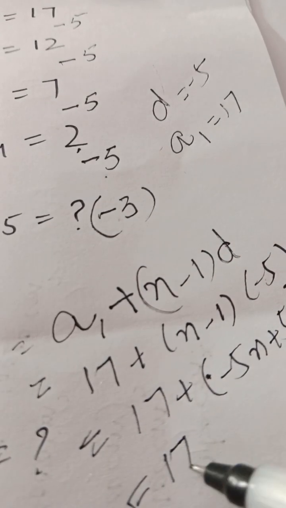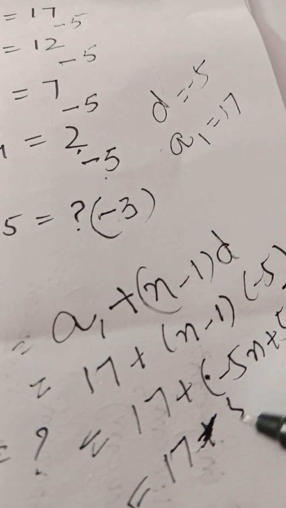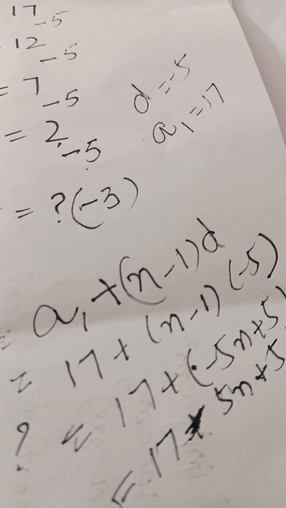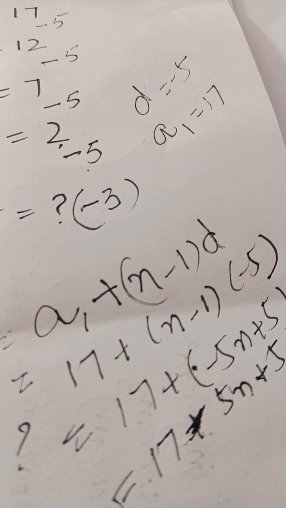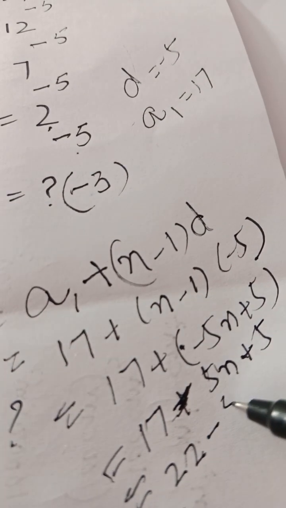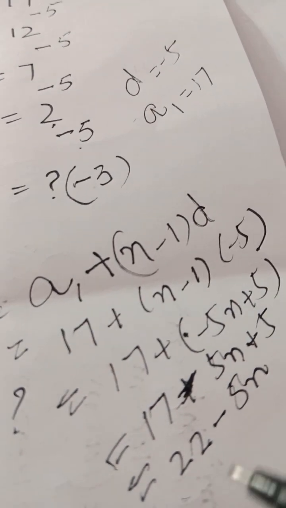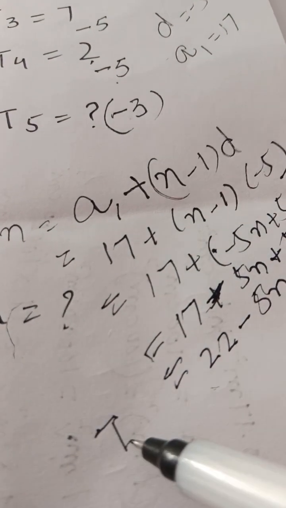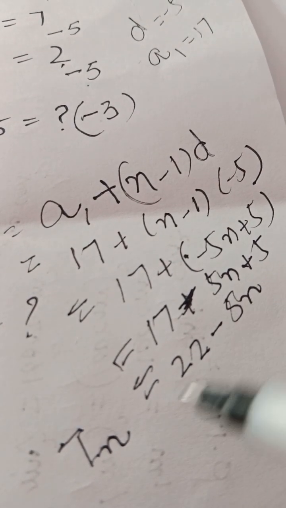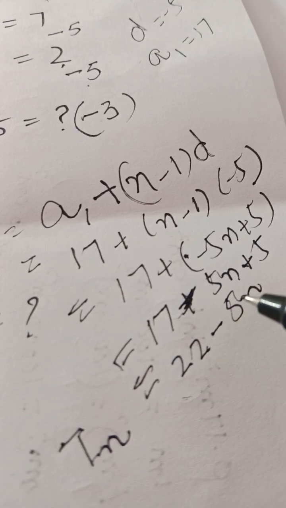It will be 17 plus minus minus, it will be minus 5n and plus 5. And 17 plus 5 will give you 22. So 22 minus 5n is the nth term of the given sequence. So here Tn is equal to 22 minus 5n, means nth term of the sequence is 22 minus 5n.